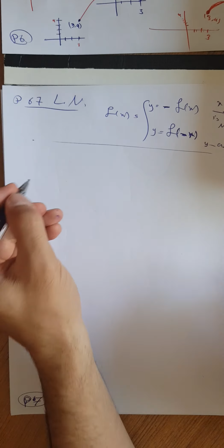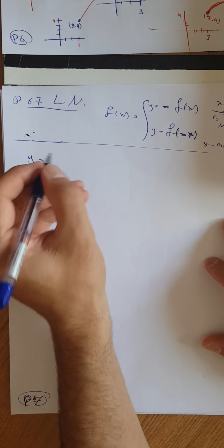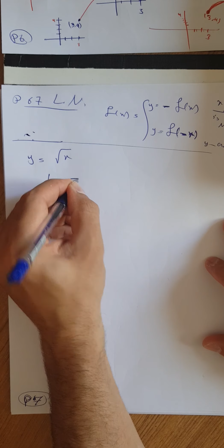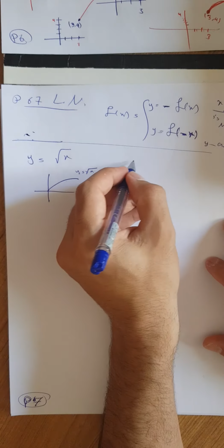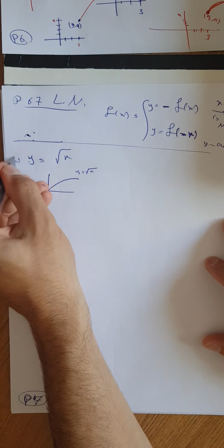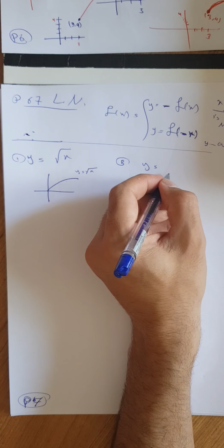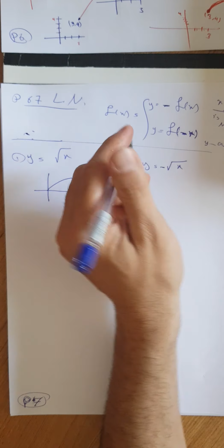For example, we have y equal to square root of x. Okay, now I am going to change to another one by reflecting.